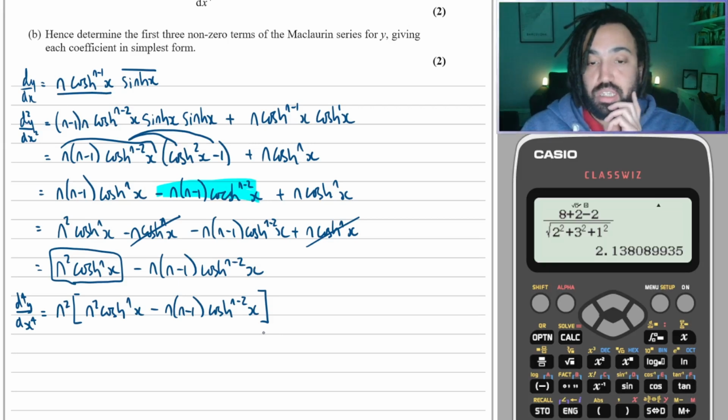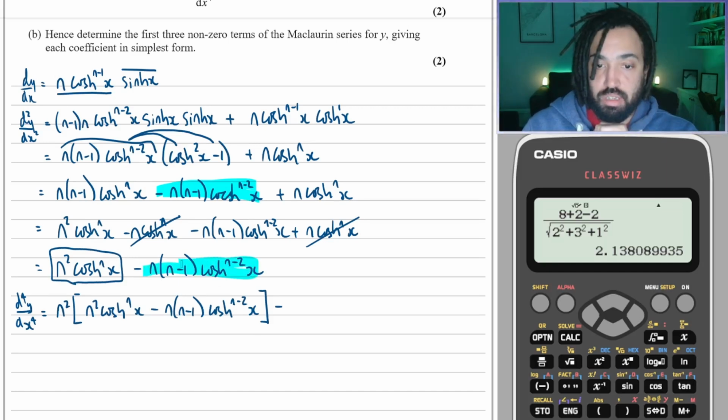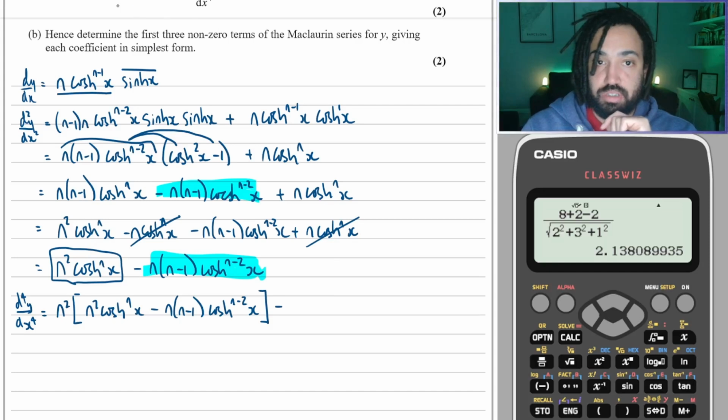Okay. Now what I need to do is differentiate this part, which is a bit trickier. I'm just going to do a little substitution.